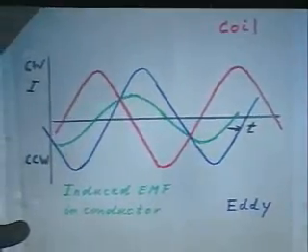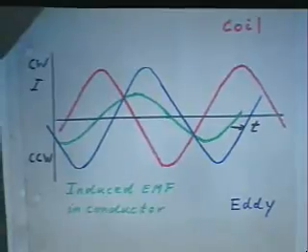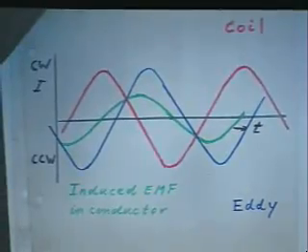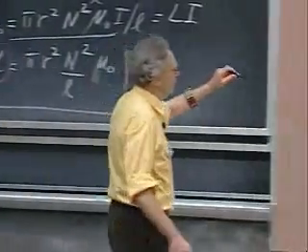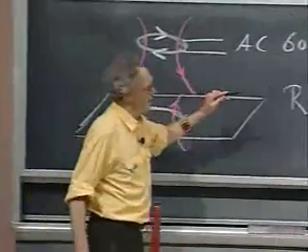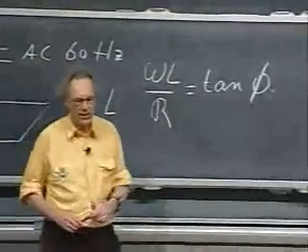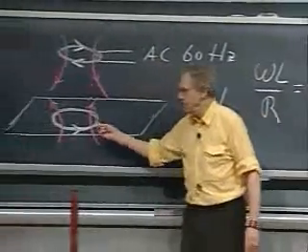But the net result is that you get, on average, a repelling force. And so the secret of the repelling force in the case of the levitation of this coil, and therefore of the levitation of the woman, lies in the fact that there is a finite self-inductance in here.